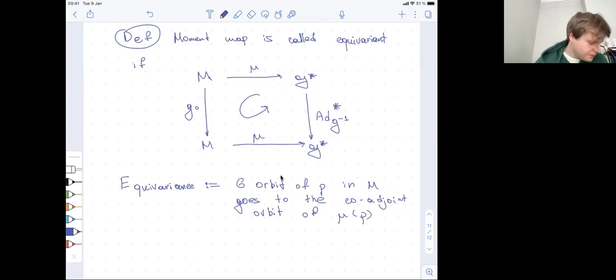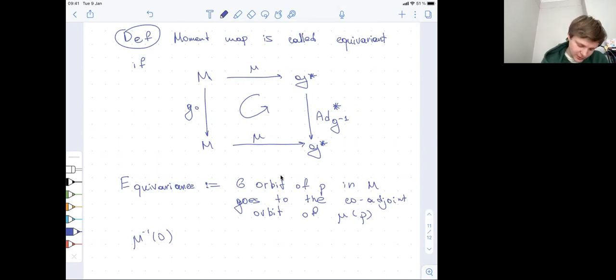And in particular, for example, it means that if I take the zero level set of the moment map, so if I take mu minus 1 of 0, then the Lie group G acts on it.